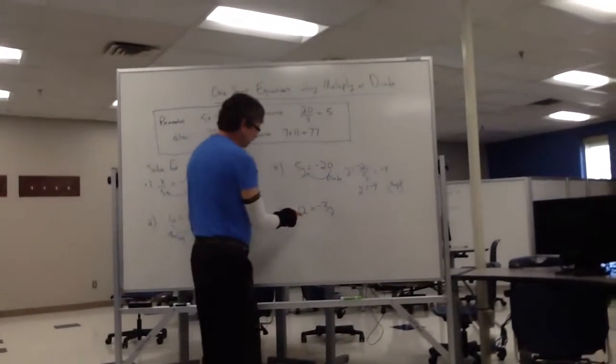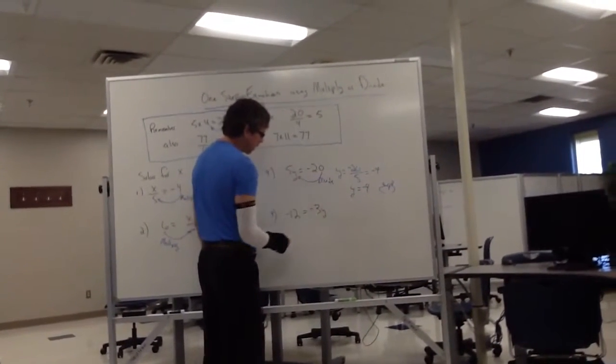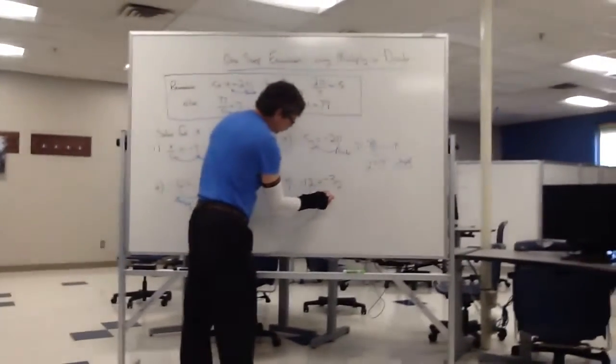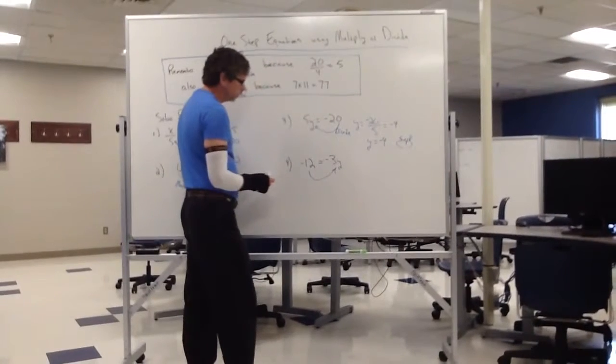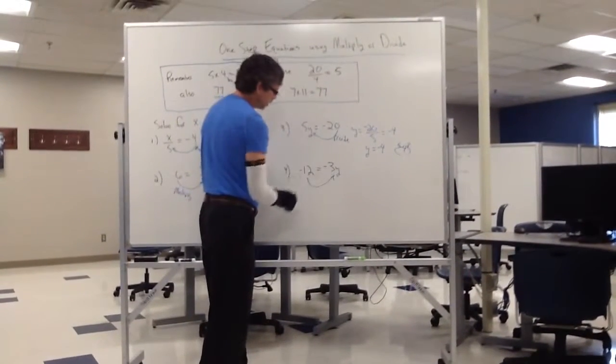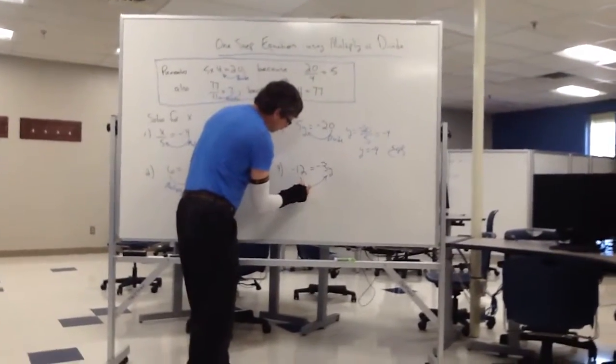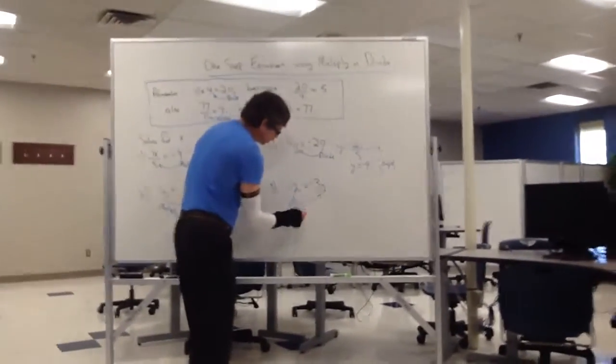In this example, I have negative 12 equals negative 3 times y. Again, to solve for y, we can go towards the y and use its opposite operation or reverse operation. Since this is related by multiplication, I can go backwards and use division to find the solution.